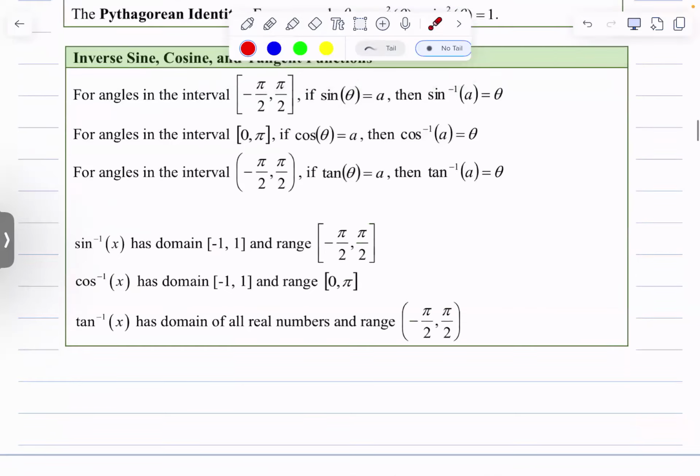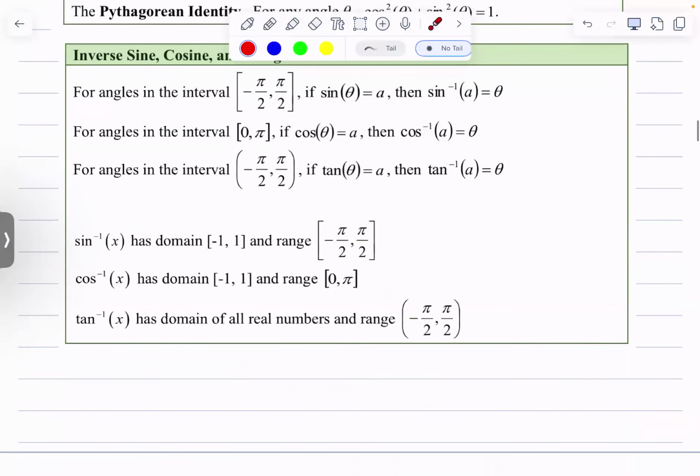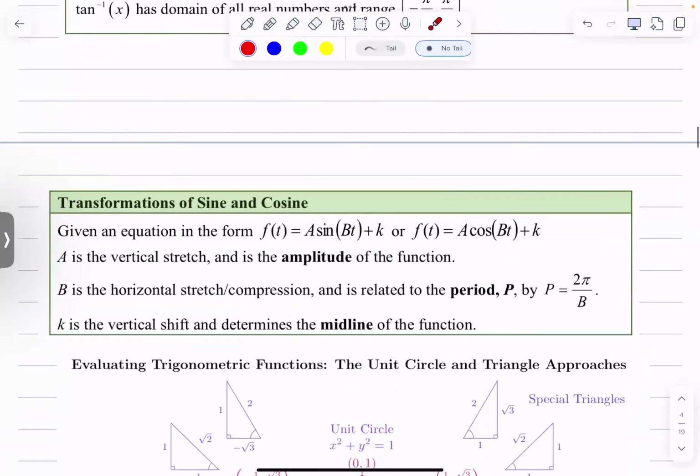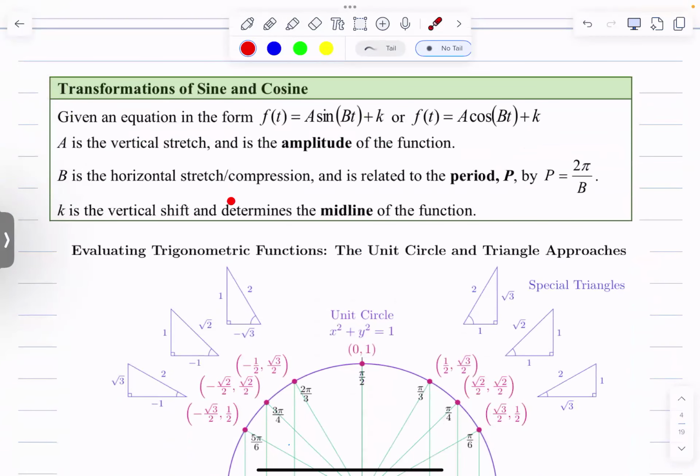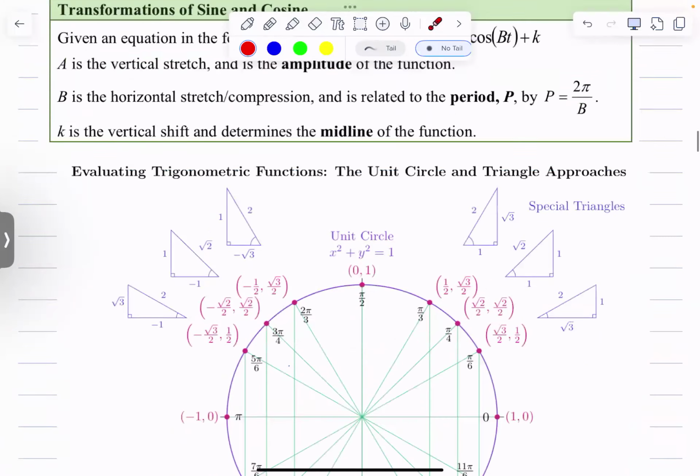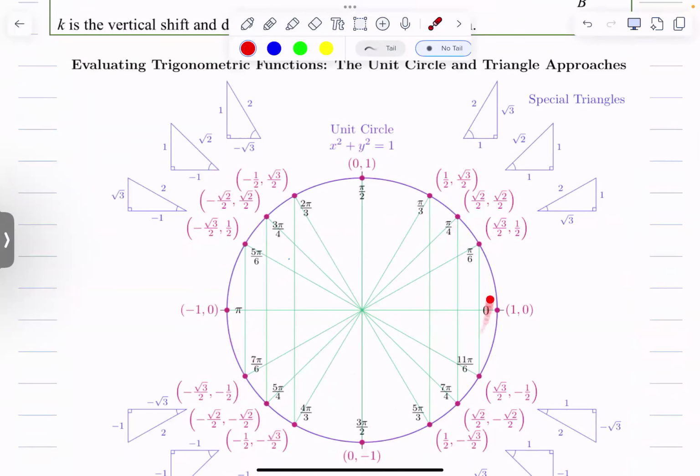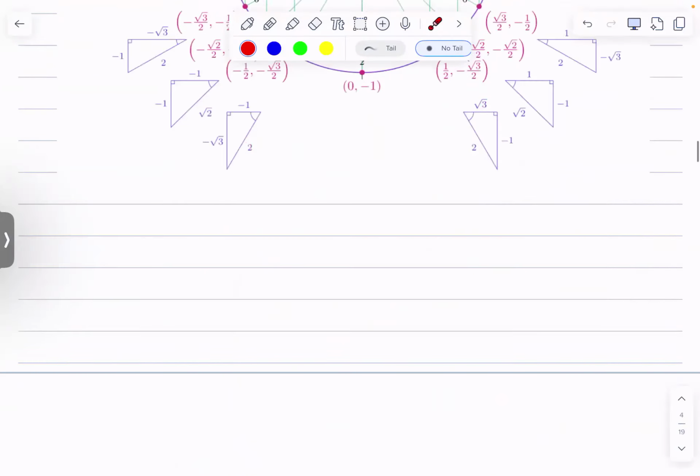We focus on the inverse sine and cosine, but the tangent's on there for completeness. And then the transformations of sine and cosine, things like the amplitude, the period, and the midline, which we talked about last day. And then just so that the unit circle could be nice and big. Now I'm wondering how it printed. Oh, it printed better, okay. Because it was so faint last day. But I tried to make it as big as possible, so I put it on the last page so that you could have it nice and big.